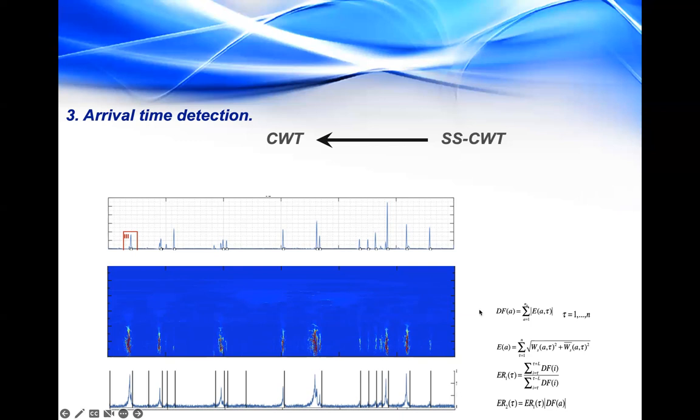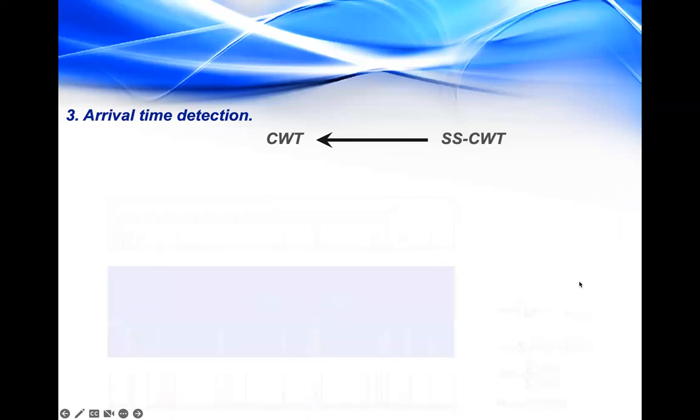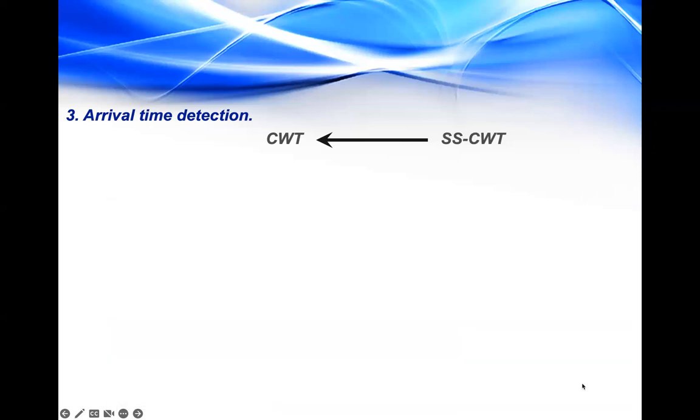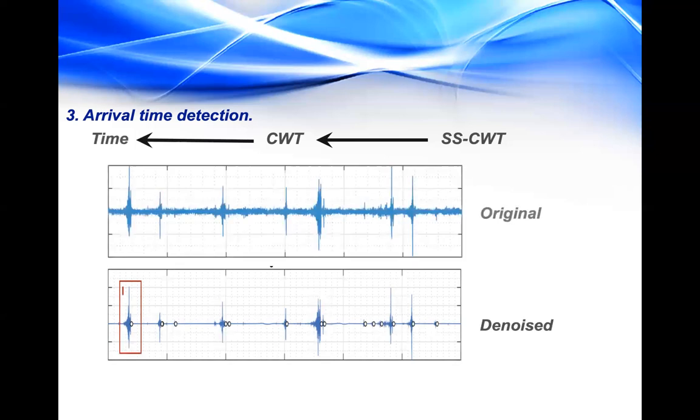For the detection, and to find the arrivals of these events a bit more precisely, we use an energy ratio function resulting from two adjacent moving windows of equal size. So finally, after one more inverse transform, we will have our denoised waveform and detected macro earthquake events.